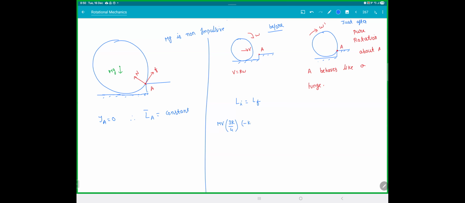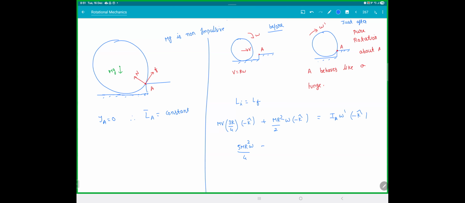I_cm omega, which is mR square by 2 omega. It's a cylinder. That is also minus k cap. And then you're rotating about A purely, so this is I_A omega dash, minus k cap. Minus k cap goes everywhere. And V is equal to R omega. That would be 3 by 4 plus half, and that's 5 by 4. So this will be 5 mR square omega by 4.